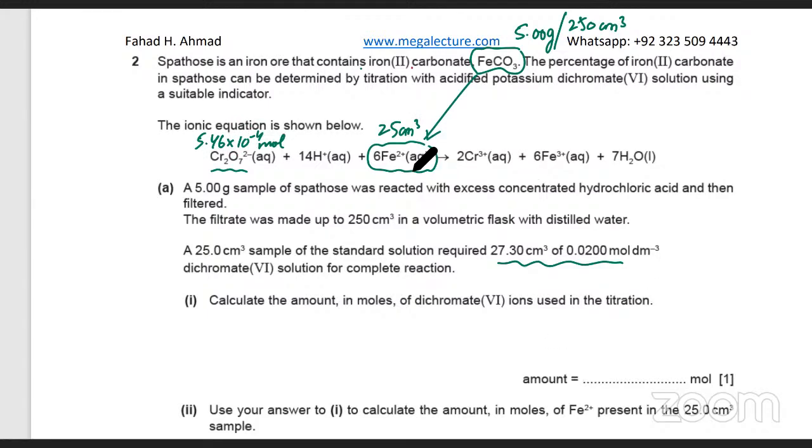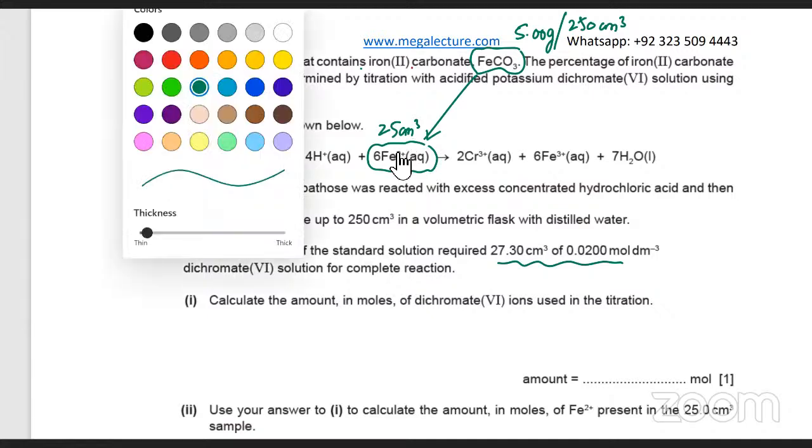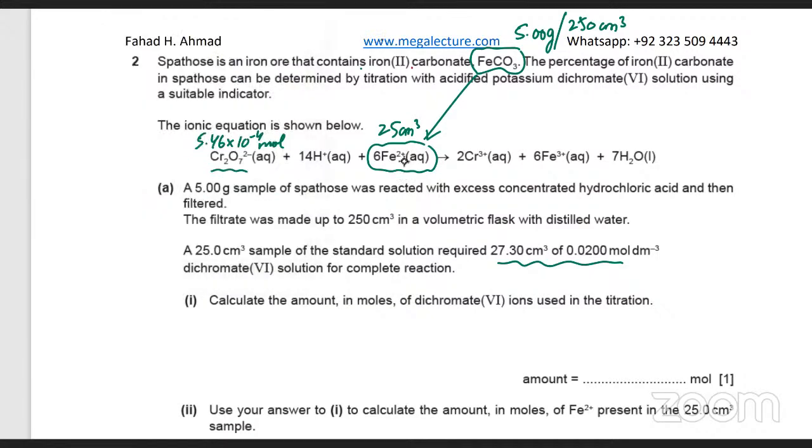So the moles of Fe would be what? It's 1:6, so that's going to be 6 times more. Multiply this by 6 and you'll get the moles of Fe. That's 3.276 times 10 power -3.